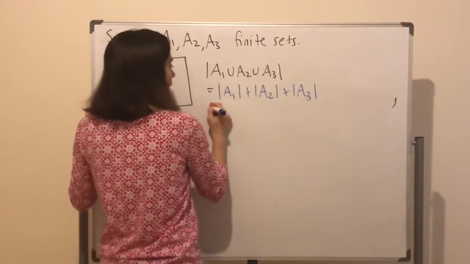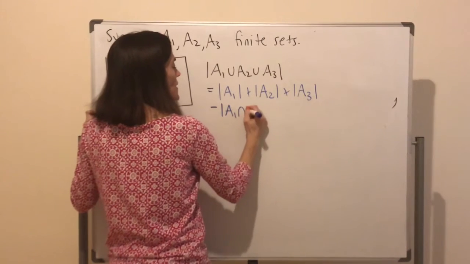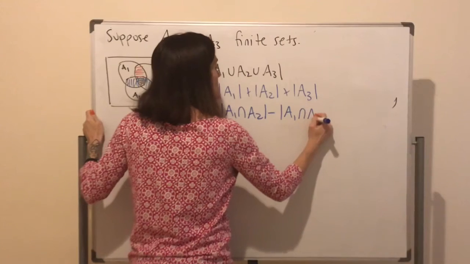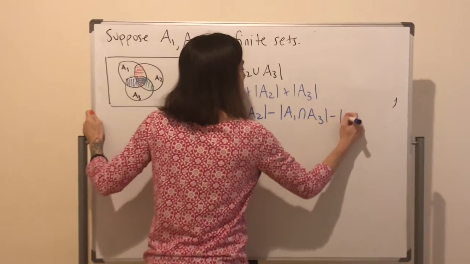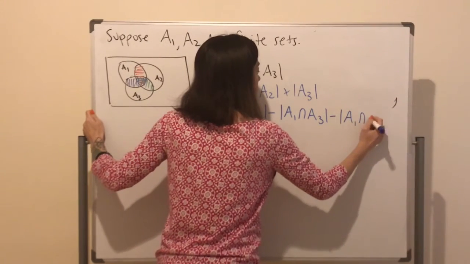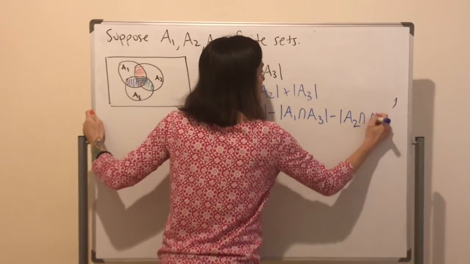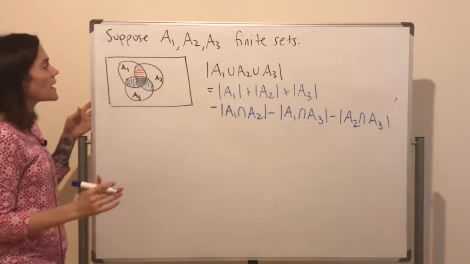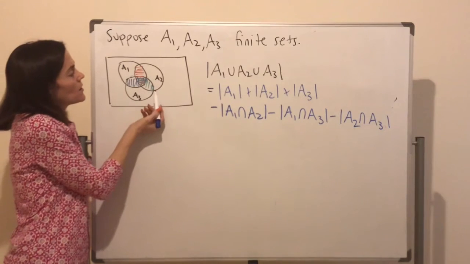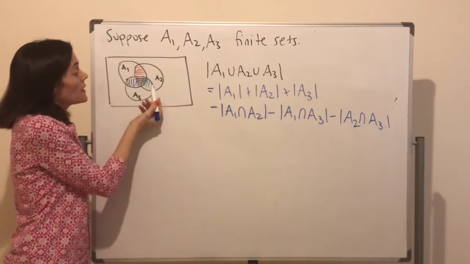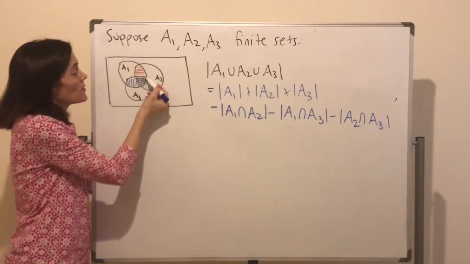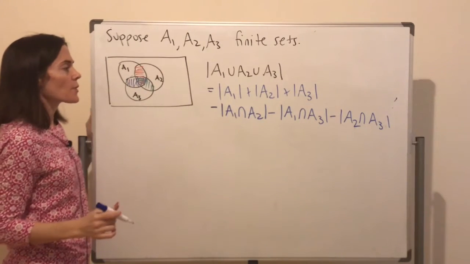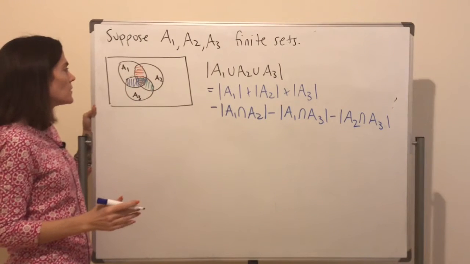So we subtract the number of things in this intersection minus the number of things in this intersection minus the number of things in A2 intersect A3, like this. So far, what have I done? Well, here, here, and here, I subtract, subtract, subtract. Now, what's the problem?